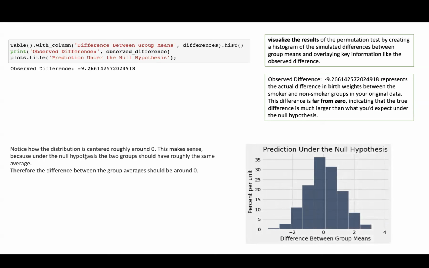Notice how the distribution is centered roughly around zero. This makes sense because under the null hypothesis, the two groups should have roughly the same average. Therefore, the difference between the group averages should be around zero. The observed difference in the original sample is about negative 9.27, which doesn't even appear on the horizontal scale of your histogram.